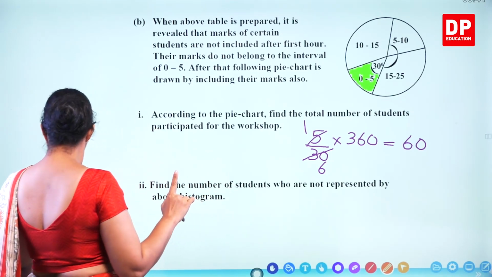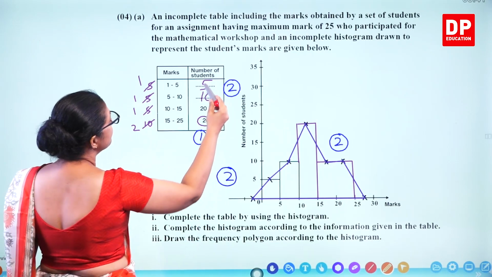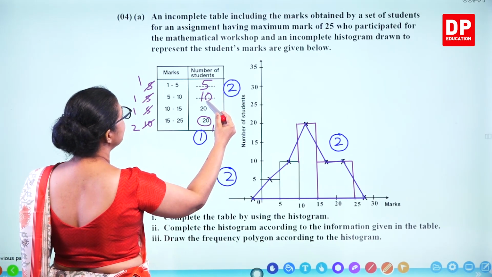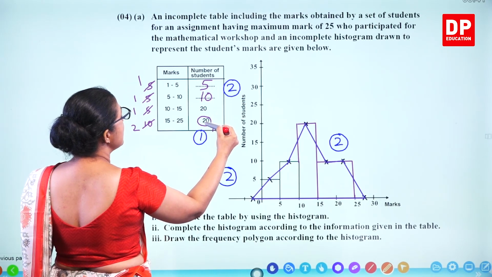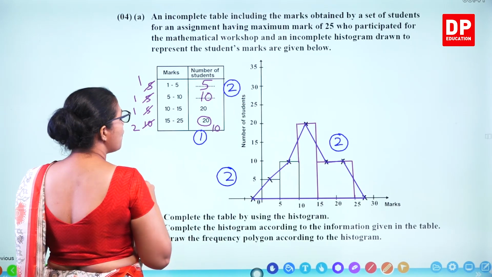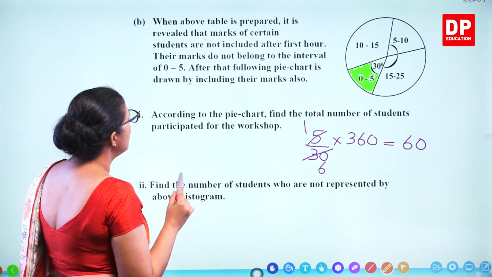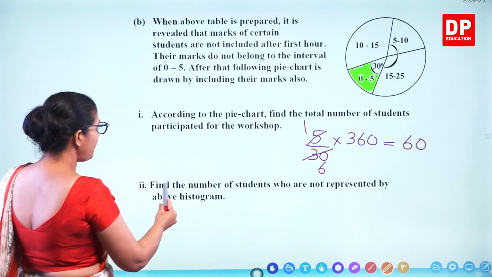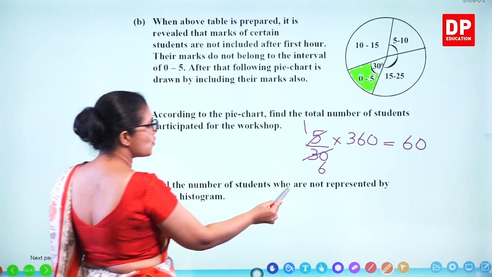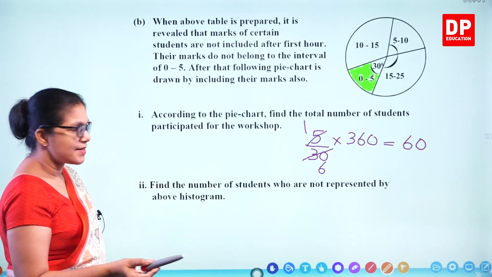Earlier, how many students? 5, 10, 20, 20, 55 altogether. So earlier 55, and what's the difference? Find the number of students who are not represented by above histogram is the difference.